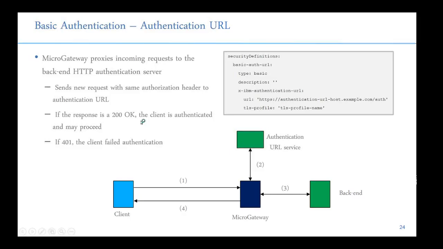If that comes back with a 200 OK, then the client is authenticated and the request can proceed through the processing on the micro gateway. Otherwise, if the authentication fails, it'll typically be a 401 that we get in response from the authentication URL service, and so we would respond with a 401 in that case too.